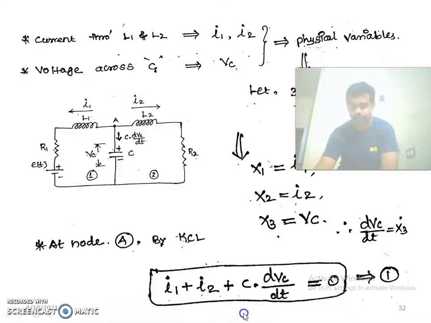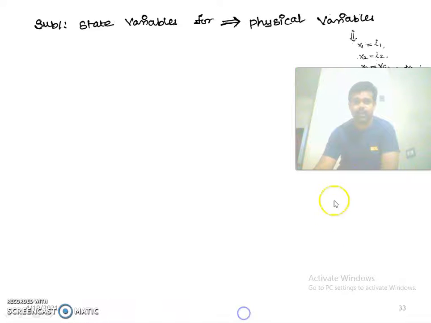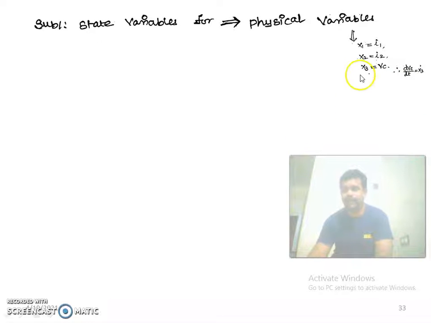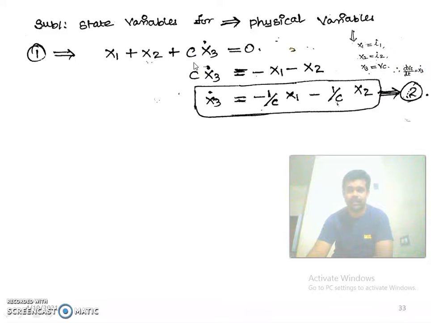Now we have already taken the state variables: x1 is equal to I1, x2 is equal to I2 and x3 is equal to Vc, and dVc by dt is equal to x3 dot. So now we are substituting that in this equation. Instead of I1 we have substituted x1, instead of I2 we have substituted x2, and in place of dVc by dt we have substituted x3 dot. From this we are calculating x3 dot.